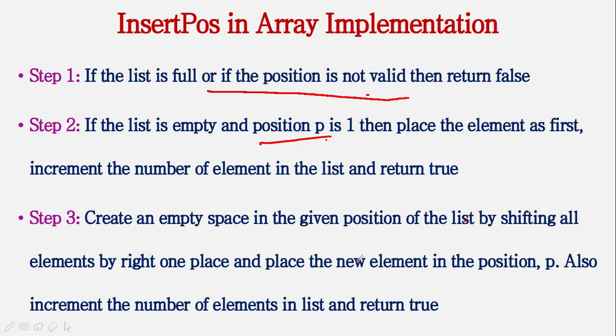This is similar to what we did in insert beginning. The only change is that in insert beginning we start from the last element and come till the first element, but here we start from the last element and come till position -1. Till that we will be moving, and then we will place.